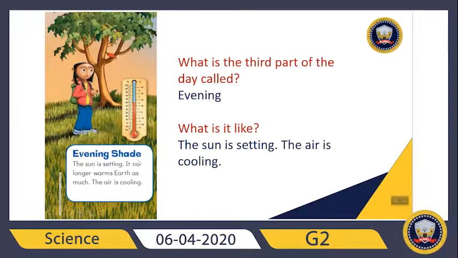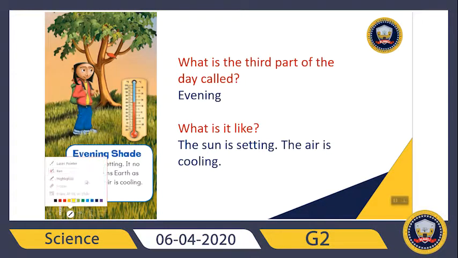What is the third part of the day called? Evening. The sun is setting. It no longer warms the earth as much. The air is cooling.